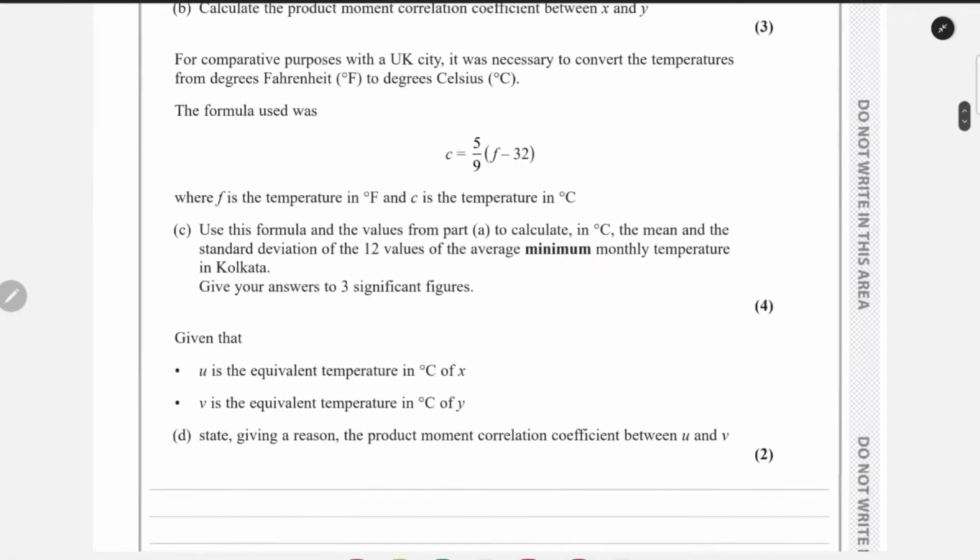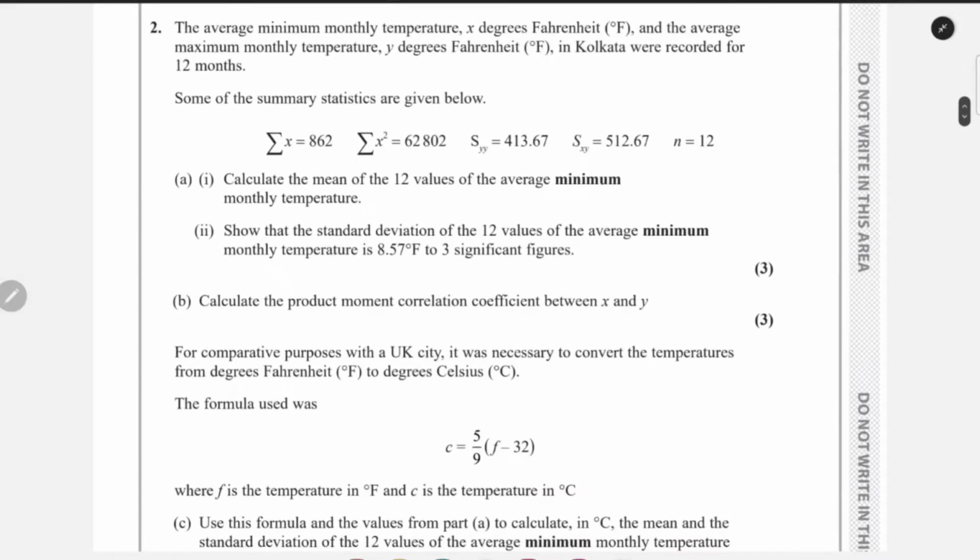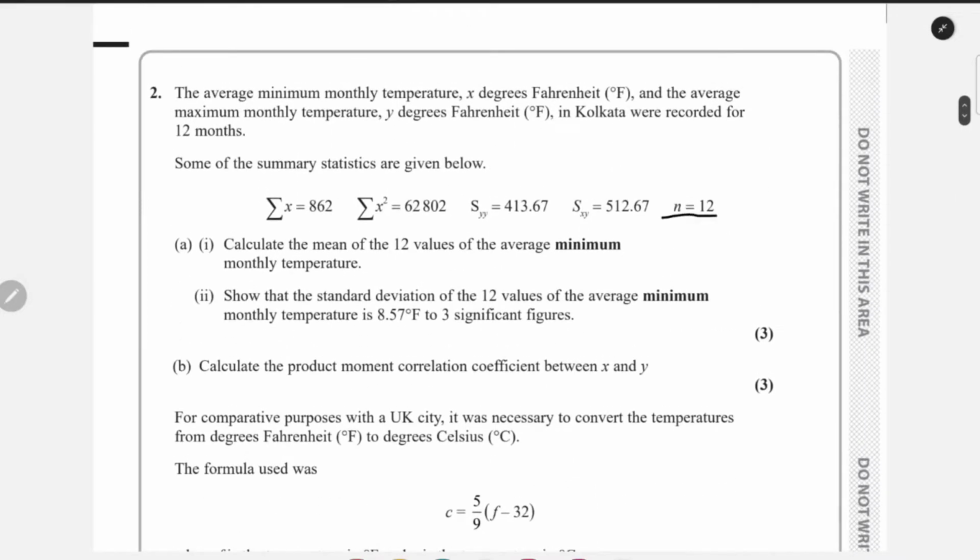So we can just go here. We are given n. We have to find the average minimum monthly temperature. So the monthly temperature is x.